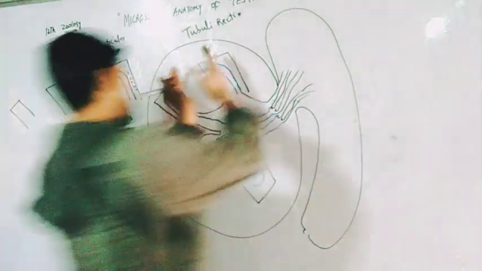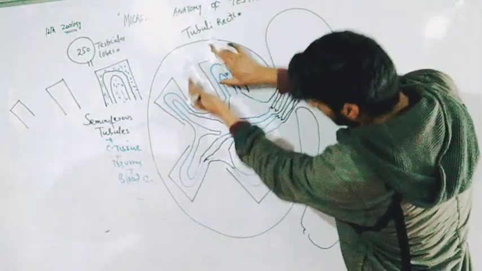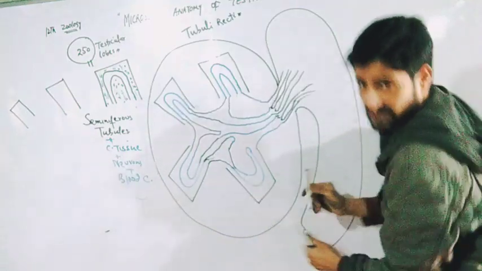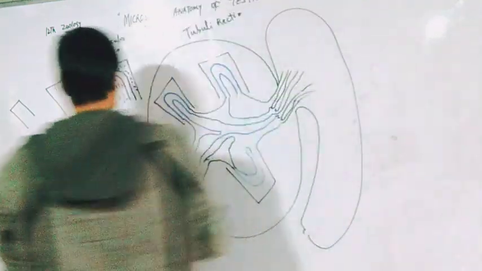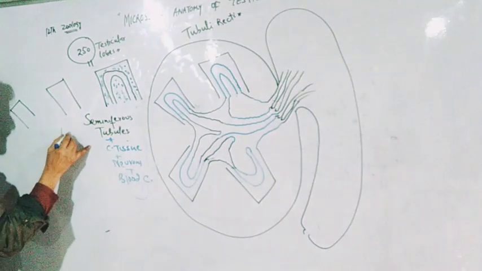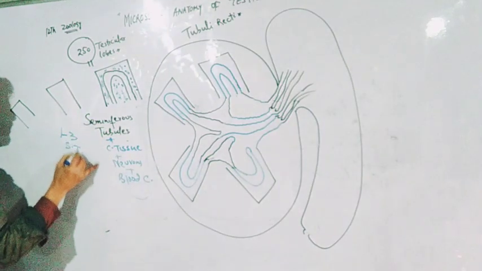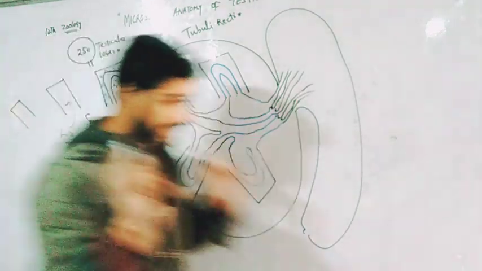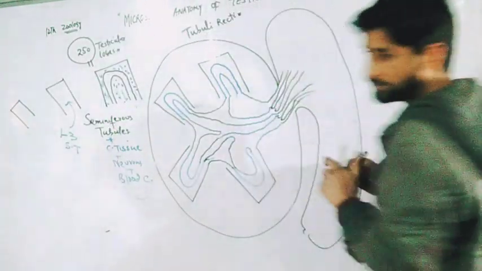In each testicular lobe, there might be 1, 2 or a maximum of 3, I would say 1 to 3 seminiferous tubules.